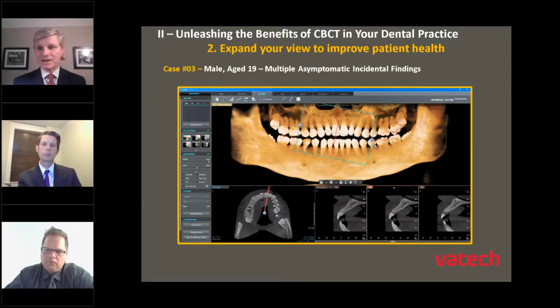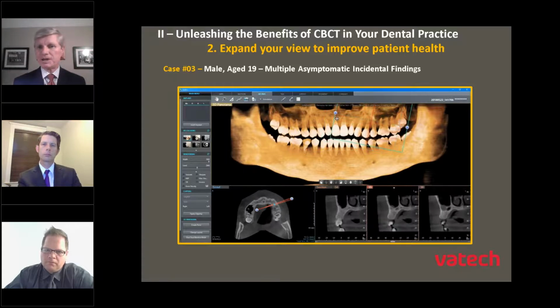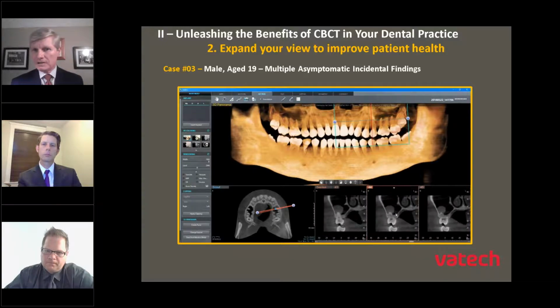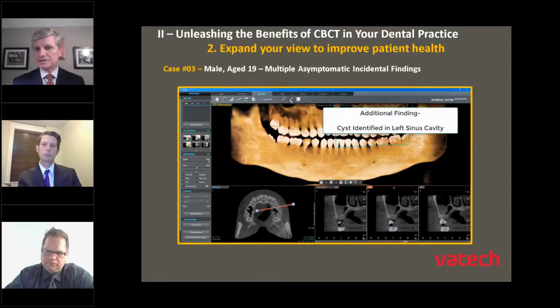Then, navigating with my navigation pane to the upper left quadrant and looking into the sinus cavity, as I scroll through I see what looks to be a potential cyst in the left sinus cavity.